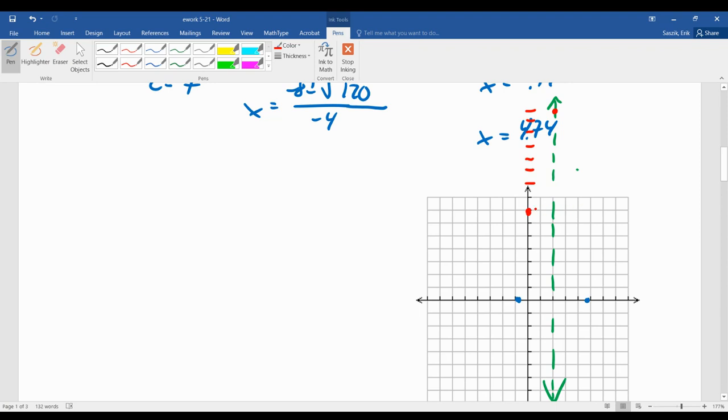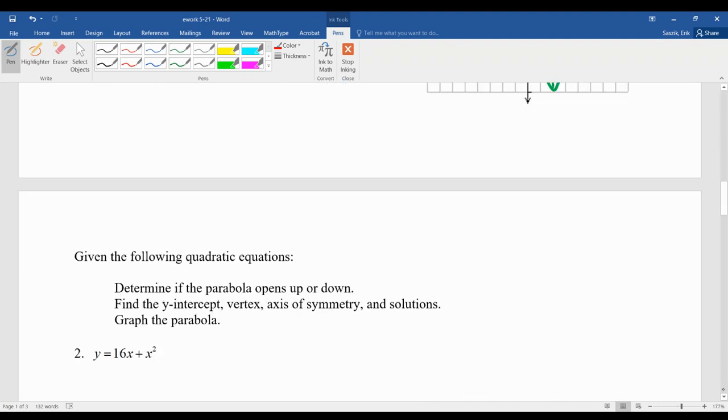You see how the y-intercept is 2 units away from the green? So we go 2 units the other direction. And there is my parabola. Okay? So remember, it's not always going to factor. That's just the deal.